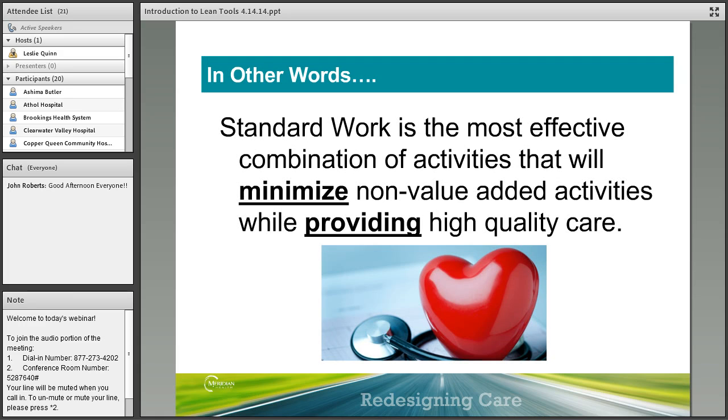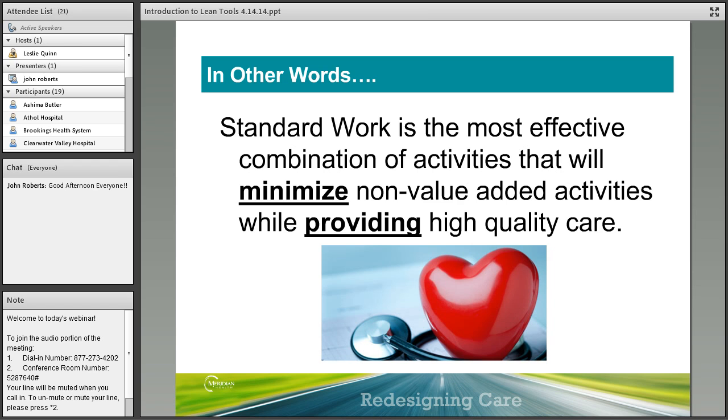I'll finish up the standard work portion of it because we're coming up to the end of the 90 minutes. Since we're running behind, I will contact each one of the hospitals and the team and set up a time where we can finish the discussion on Kaizen and go over the projects and have some more time for questions and answers on specific tools that you're going to be using here in the next 60 days.